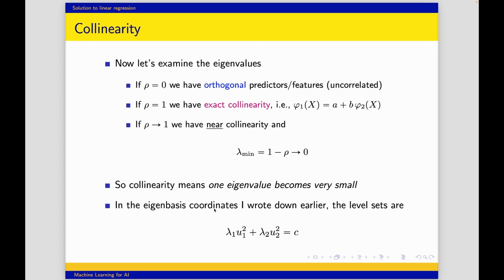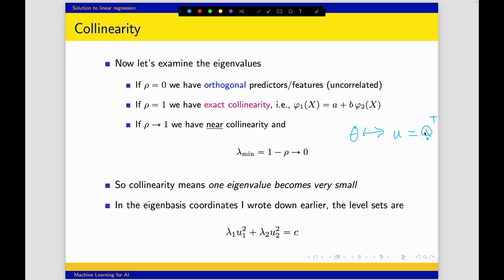Now in the eigenbasis coordinates, which I showed you before, level sets of the empirical risk take this form. So these are transformed coordinates, theta 1 and theta 2. They're transformed to u1, u2. So remember, in that case, what we did was using the eigenbasis of phi transpose phi, we transformed phi into u, which was defined as q transpose.